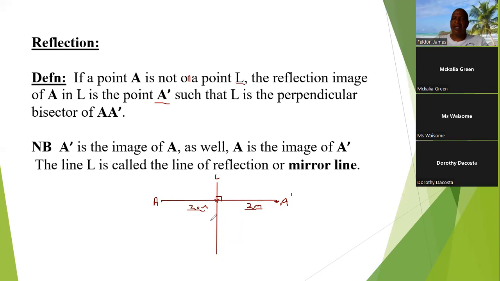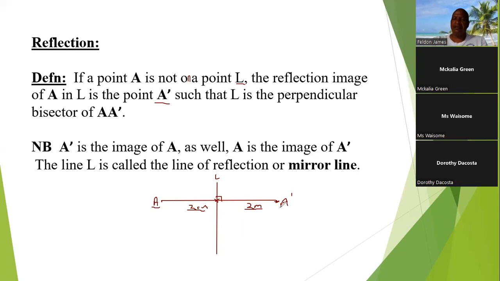Everybody can relate to that? So if this is a heart, you could fold it along the line L, because the line would be the mirror line. If you fold over this point A along the mirror line, it will go exactly on this point, which is A dash.